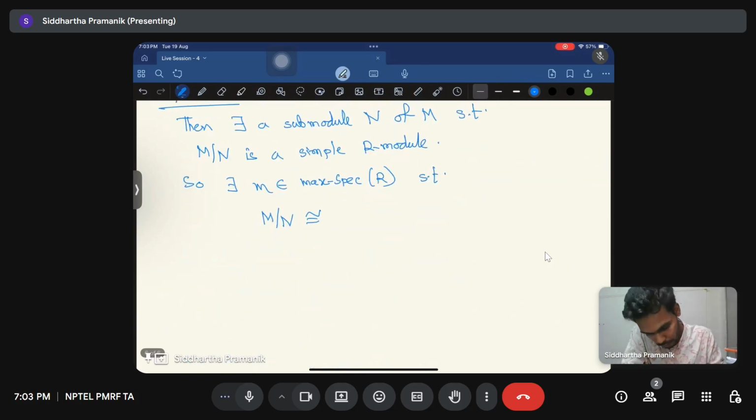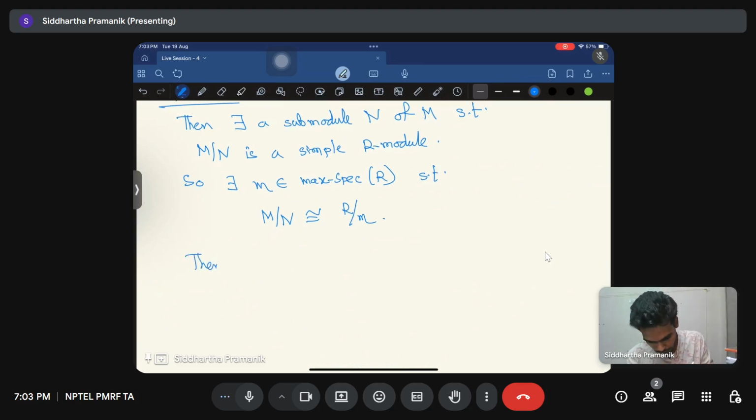Where were we? M mod N is a simple R module. So then M mod N has to be isomorphic with R mod the maximal ideal m.